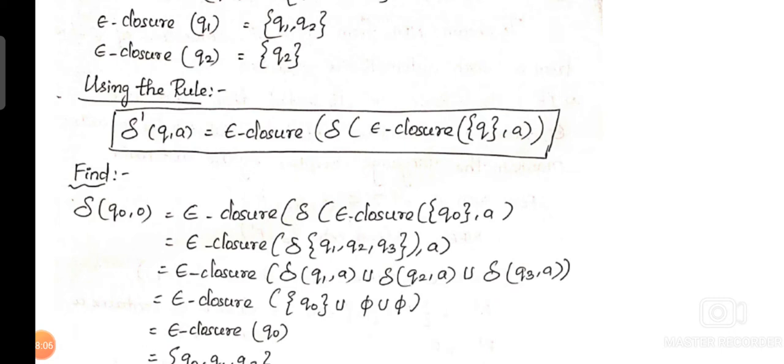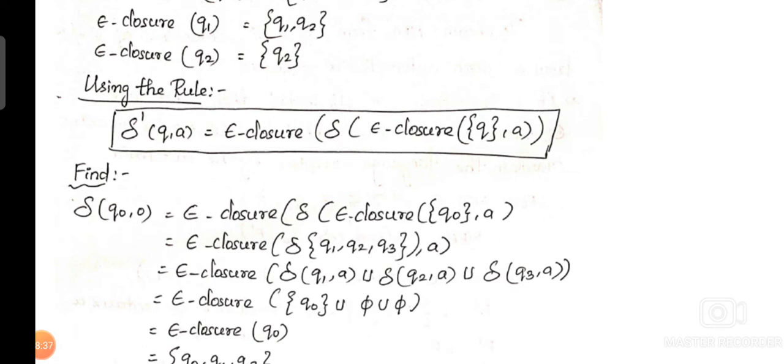In the next step, we have to separate the delta function for the individual states. Del of Q1, A, union del of Q2, A, union del of Q3, A. Then after that, again we have to substitute the values of the del function from the table, the transition table.